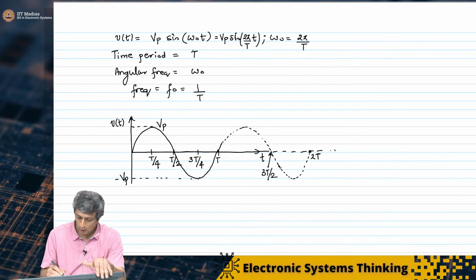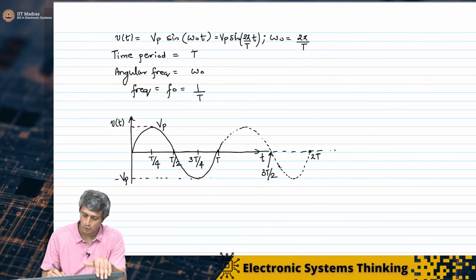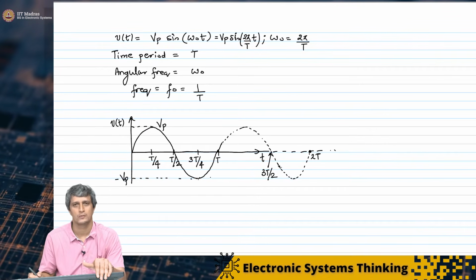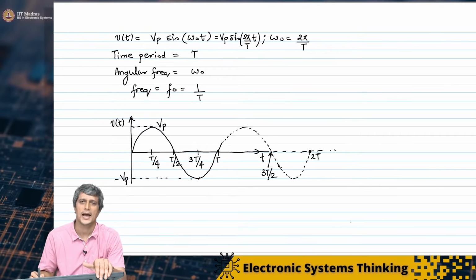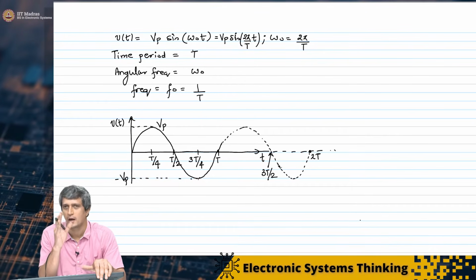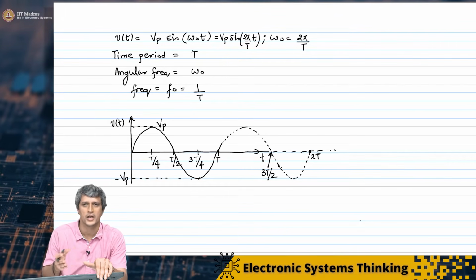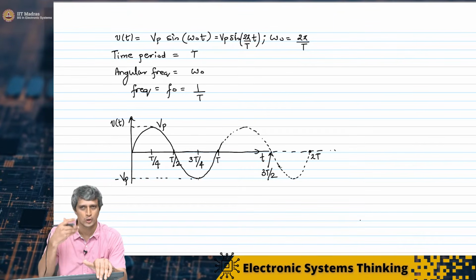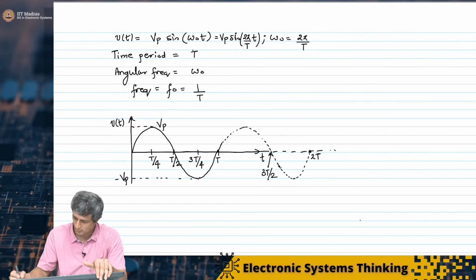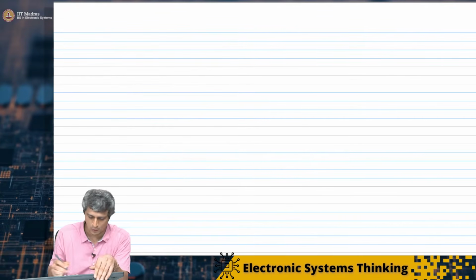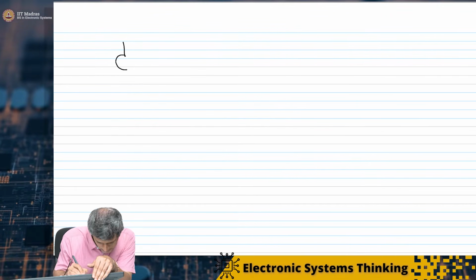Okay. So now what we will do is look at this particular case where we have an alternating current, known as an AC signal, which we can also apply across a resistor. So we will go ahead and look at this particular source.